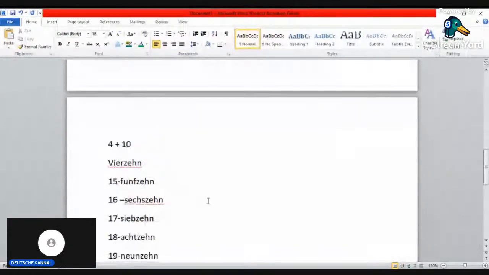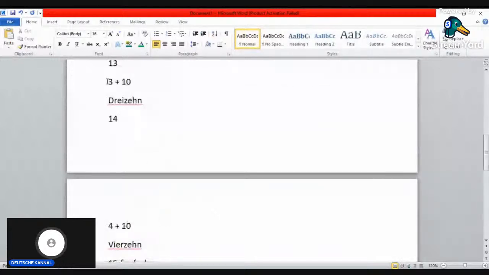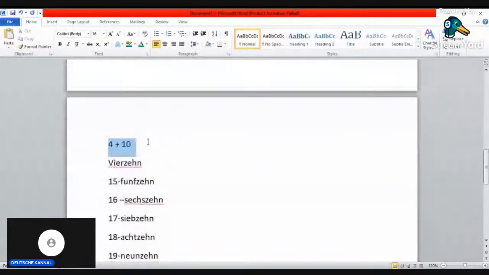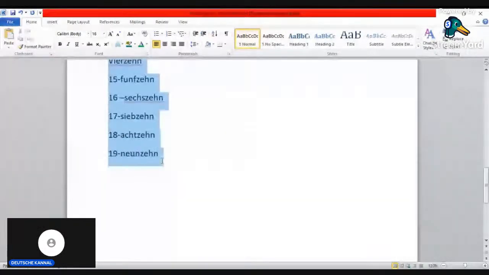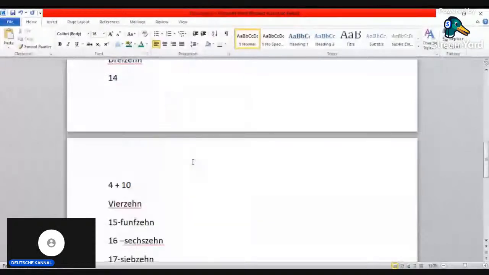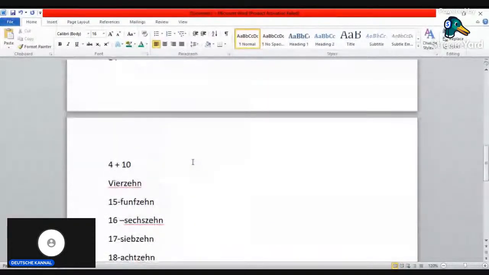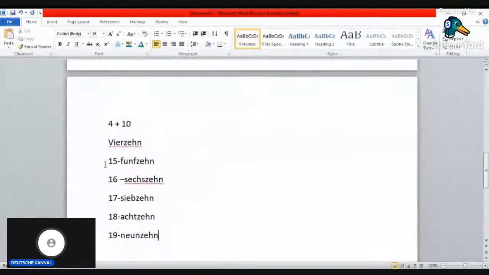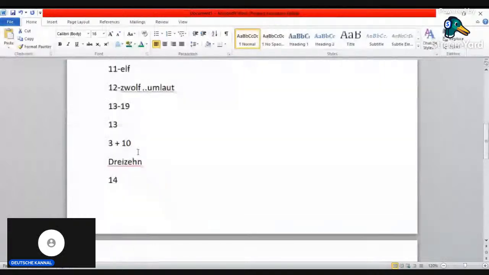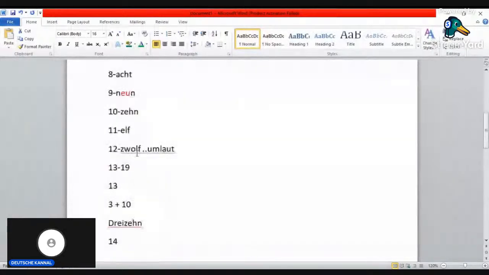So from 13 to 19, they have a pattern. You just take the number, like for example 15, you take 5 and 10, then you put them together. Okay, so let's start from the beginning.